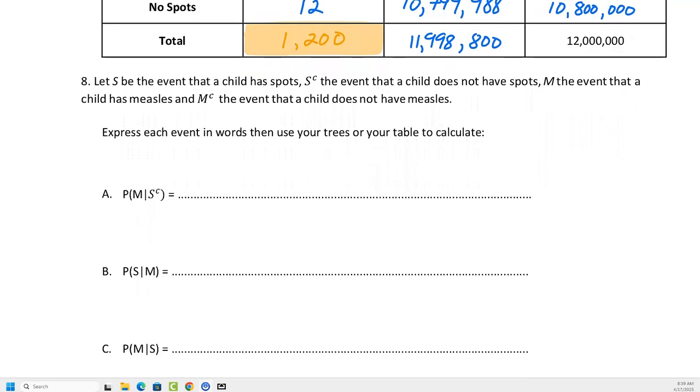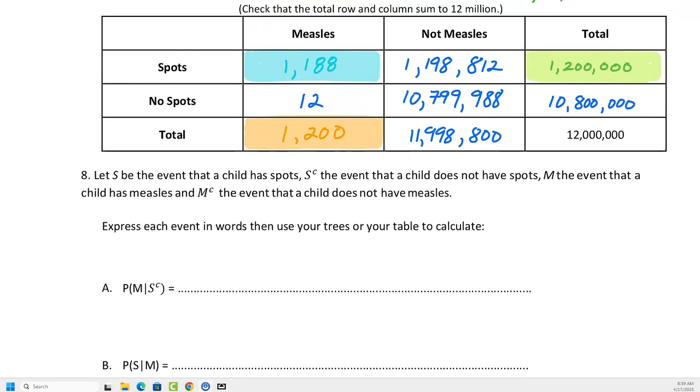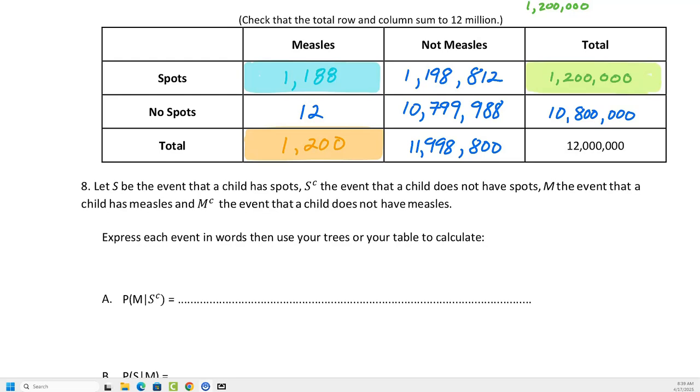Okay, so express each event that we have here below using your trees or your table to calculate. We're just going to use a table. So what does this first one represent here? Well, remember M stands for measles, S stands for spots, and the C means complement.